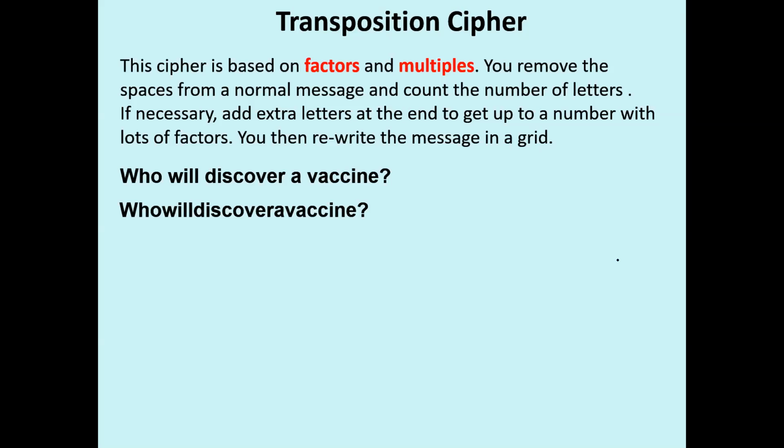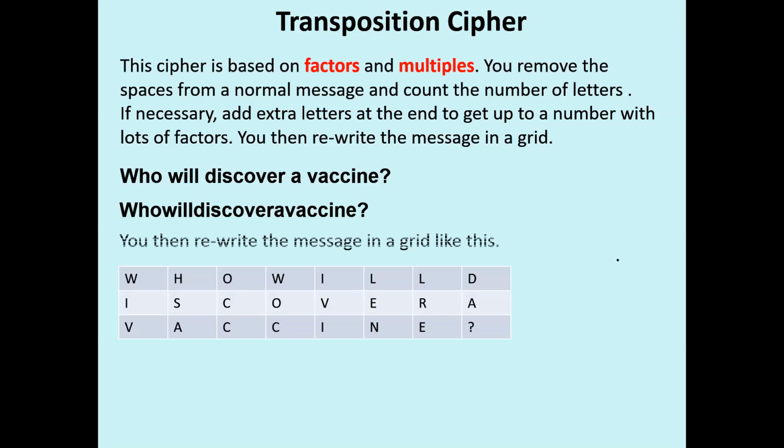So what you're going to do then is choose a pair of factors to use as the basis of your table. So we've got 24. Now I'm going to choose a table which is 8 by 3 because 8 times 3 gives you 24. So you write out a table, 8 by 3, and then you take the message and populate the table.